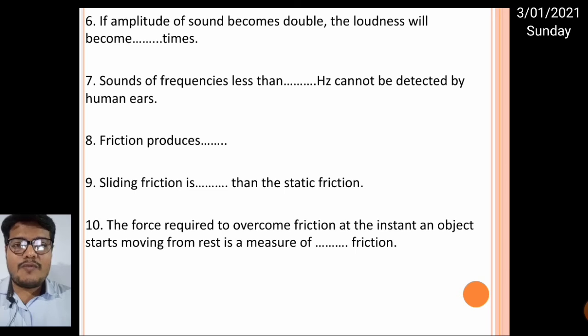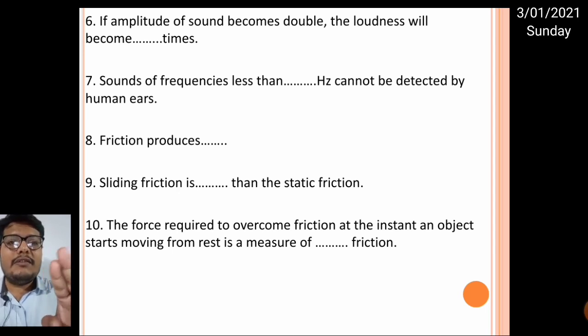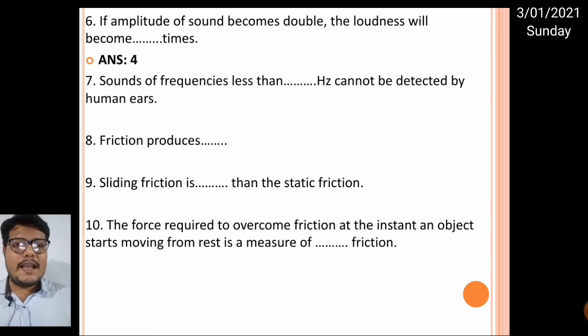If amplitude is 2, loudness becomes 4. If amplitude is 3, loudness becomes 9. So here, if it is twice, double, it becomes fourth times more. See here, fourth times more the loudness becomes.